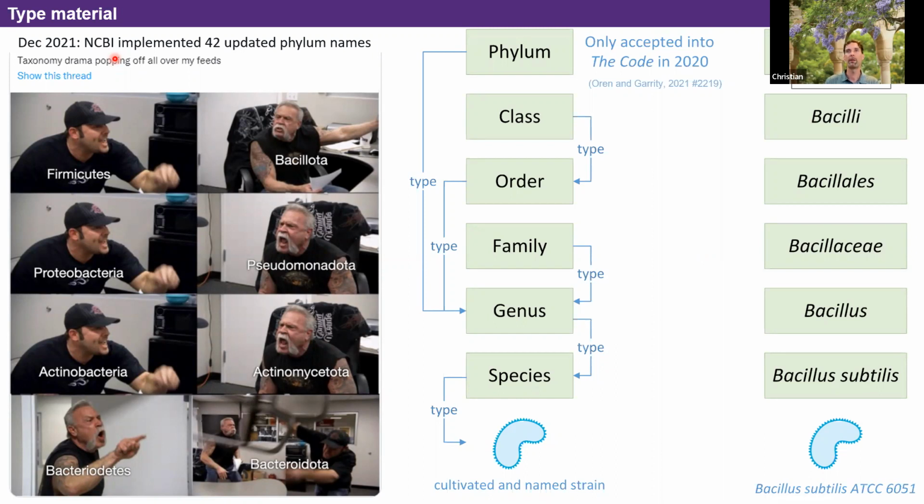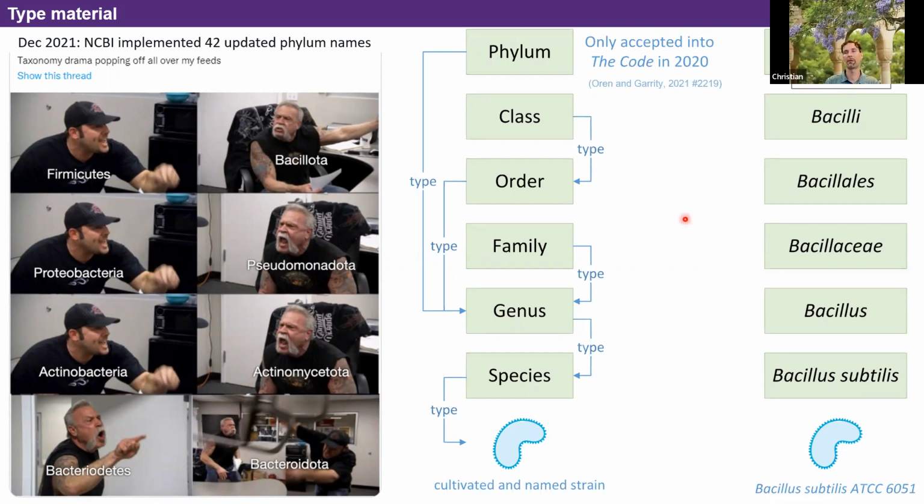Now, in this case, you can see what happened here in this meme is that according to the rule, the phylum name has to be derived from the genus, so a few new names were introduced. In that case, for Firmicutes, the new name is Bacillota.